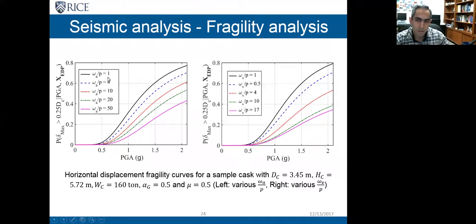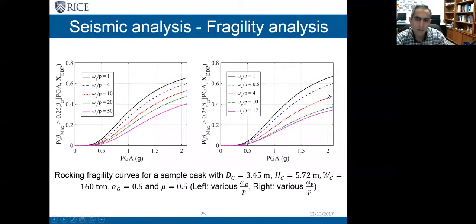And our models show that for omega over p close to 1, larger responses are expected, which is kind of a resonance phenomenon. In both cases, when we look at the omega A over p and omega V over p, we see that the response increases when omega over p approaches 1.